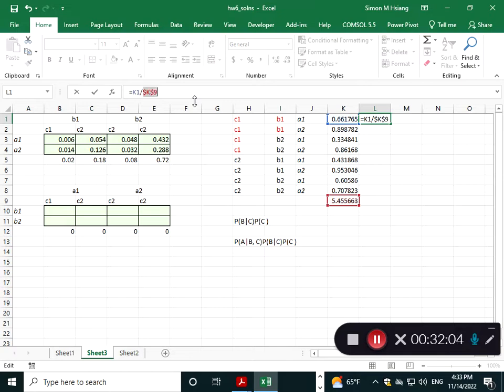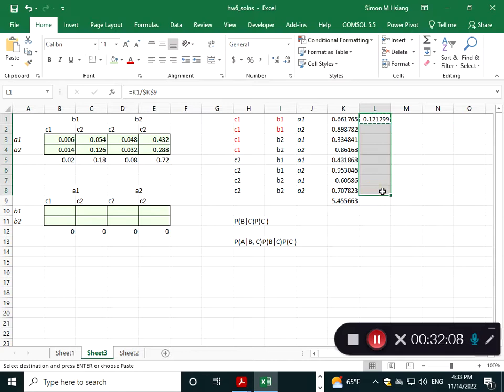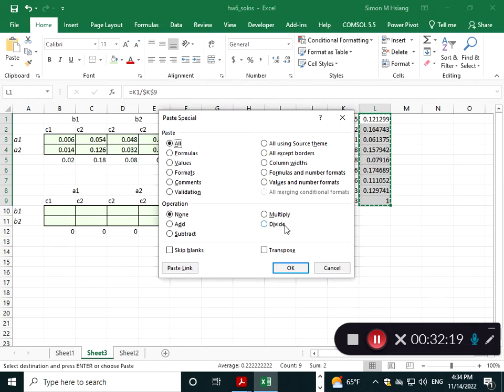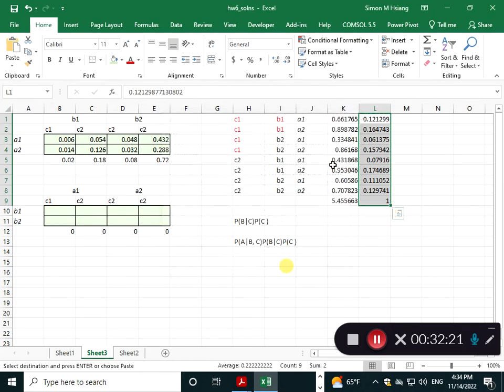And I'm going to fake the table here. Okay. Paste special equal to 1.